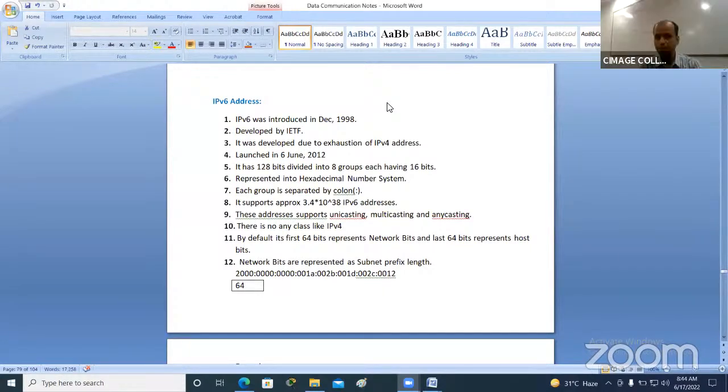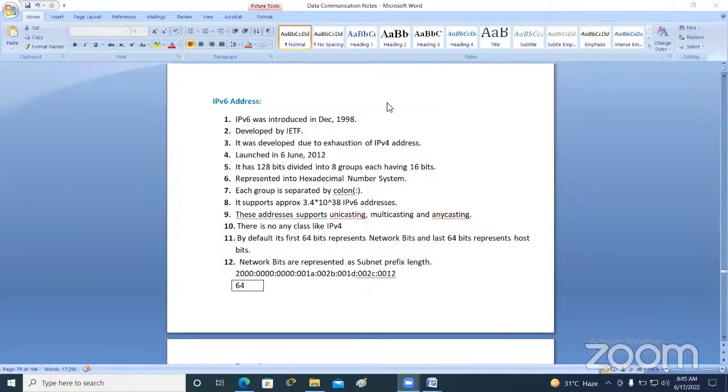In case of IPv4, it supports around 3.2 billion IP addresses, and in case of IPv6, it supports 3.4 into 10 to the power 38 IPv6 addresses. IPv4 supports unicasting, multicasting, and broadcasting. IPv6 supports unicasting, multicasting, and anycasting.